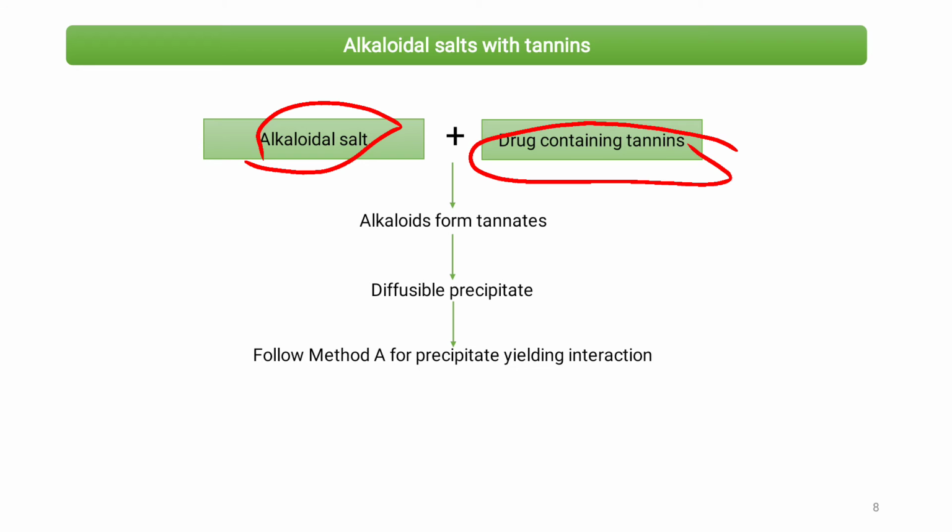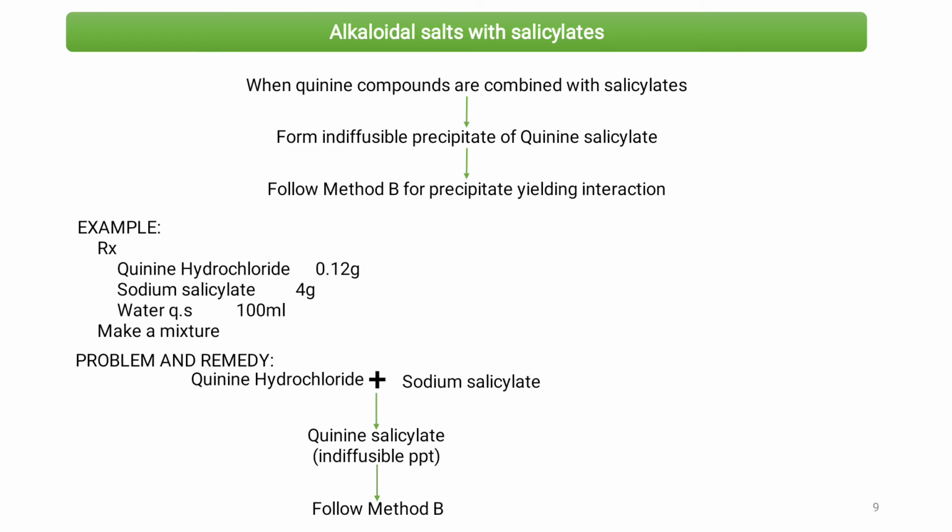These tannates separate as a diffusible precipitate, so we can follow method A for dispensing the formulation. Then the next one is alkaloidal salt with salicylates.